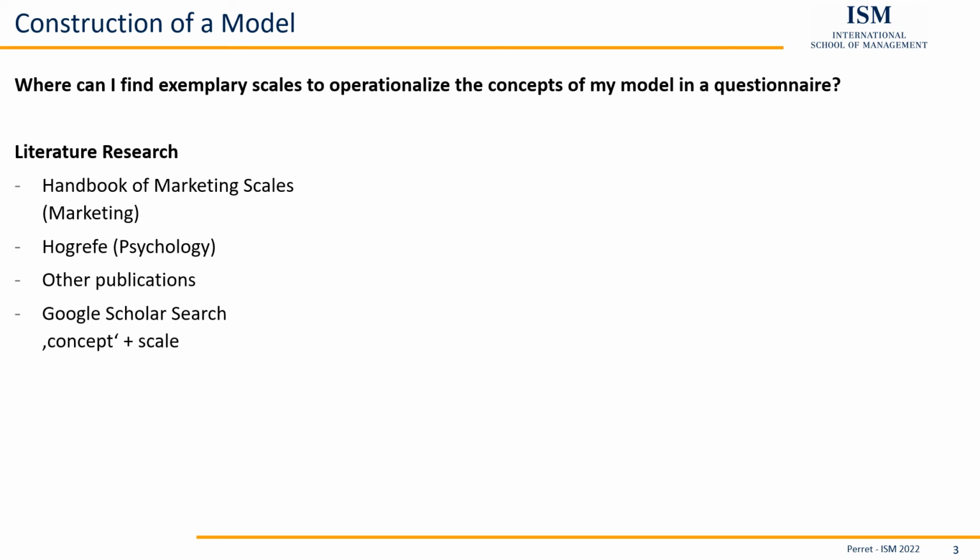Usually publications which focus only on the construction of a specific scale either have the term scale in the title already or in their keywords. So it's a pretty good guess that if you search for whatever plus scale, you will find a publication focusing exactly on what you want to do. Well, if all of this doesn't work, you can still build your own scale, but then you actually have to go the extra mile and ascertain that it's really a functioning scale.